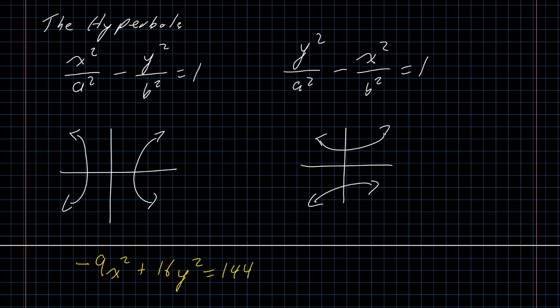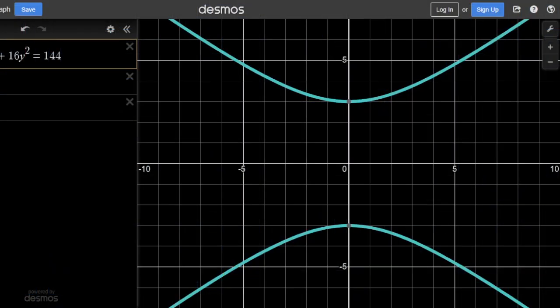And in this equation, I am noticing that I have a positive and a negative between x and y. So it is a hyperbola. I am noticing that the y is the positive one and the x is the negative one. So this hyperbola is opening up and down. And then I'm turning to Desmos and I'm having it do the rest of the work for me so that I can look at the pretty picture.